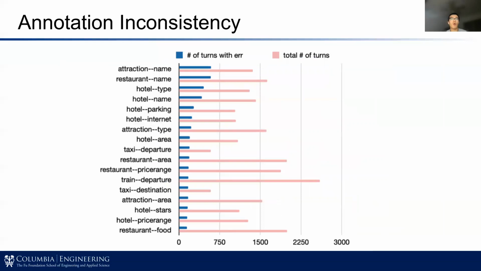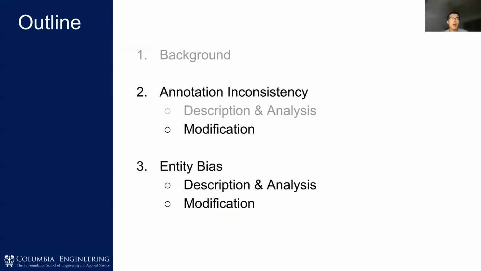As it happens, when we run SimpleTOD, one of the state-of-the-art end-to-end dialogue models, on MultiWOZ and count the number of turns with prediction errors, the slot types with the most error turns are exactly name and type. Therefore, we decided to complete all missed annotations.